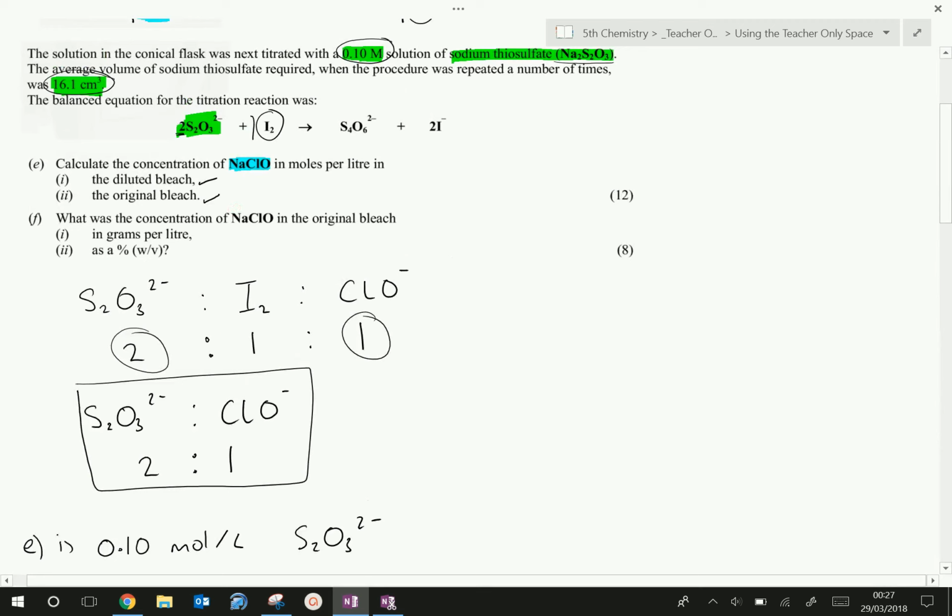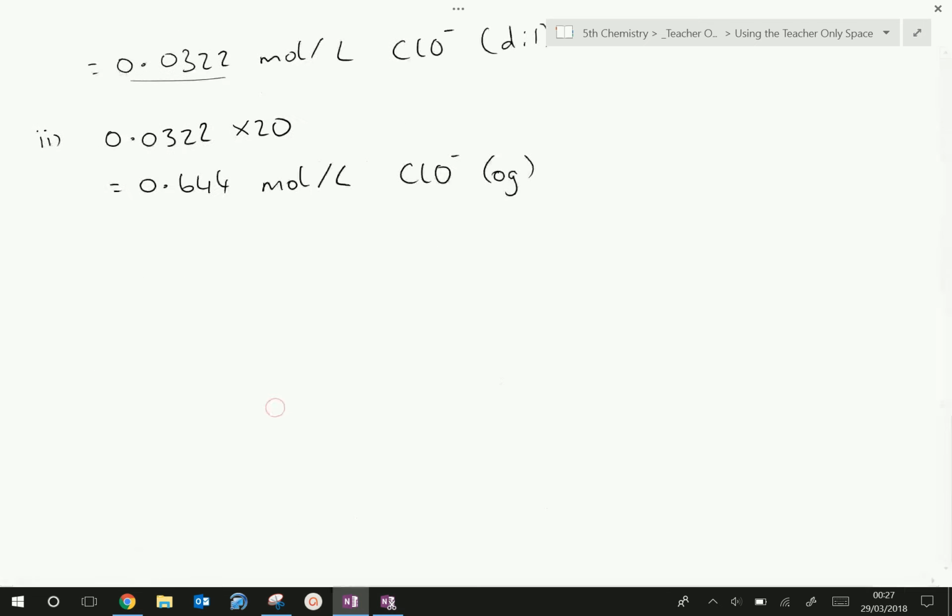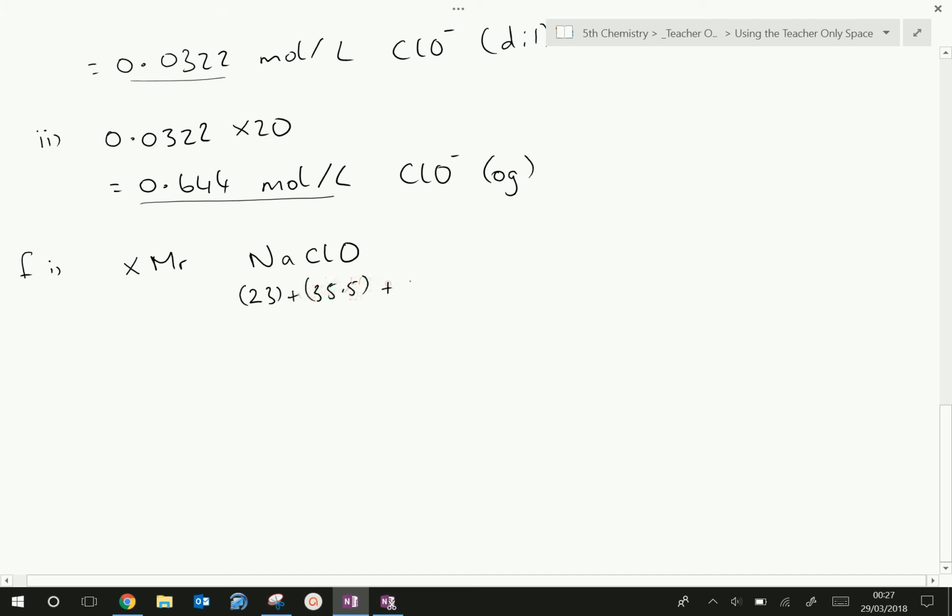Now for F. So what is the concentration of sodium hypochlorite in the original bleach in grams per litre? So F part 1, I need to convert this into grams per litre. So to convert to grams per litre, I need to multiply by the molecular mass of sodium hypochlorite. So that's going to be a 23 for sodium, 35.5 for chlorine, and a 16 for oxygen.